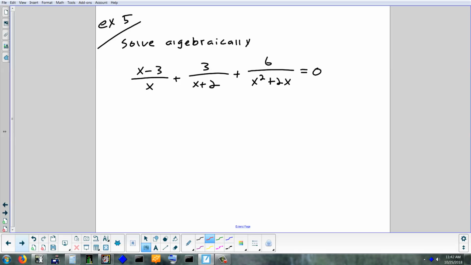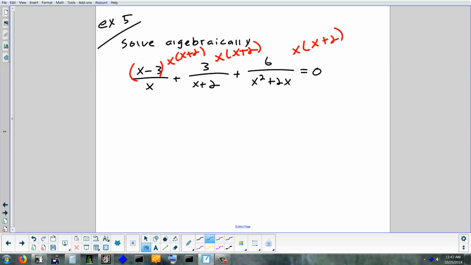The least common denominator, which would be x squared plus 2x, and I'm going to think of it as factored out, as x times x plus 2. So you're going to multiply this by x plus 2, this by the least common denominator, and this. You can do it on the other side too, but it's 0, so it doesn't really matter.